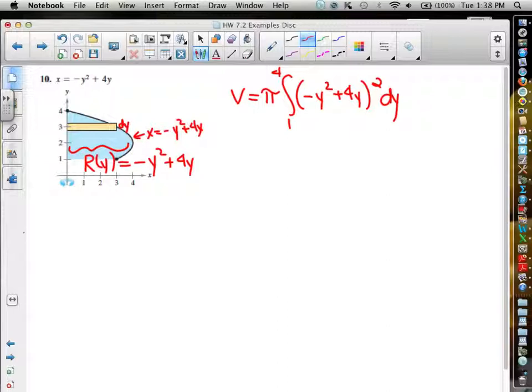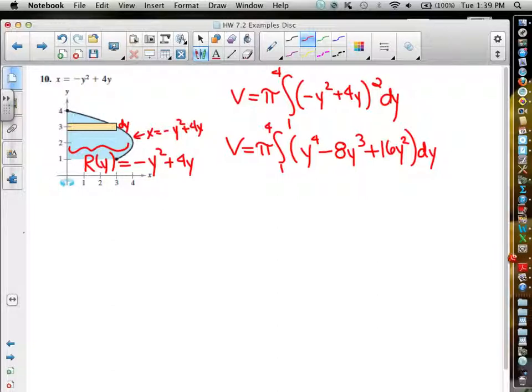What am I going to do? Integrate, and to integrate, maybe I want to square it. Yeah, let's square it, and then we can integrate by power rule. So y to the 4th, good. 8y cubed, good. And then 4 times 4 by 4y, 16y squared.